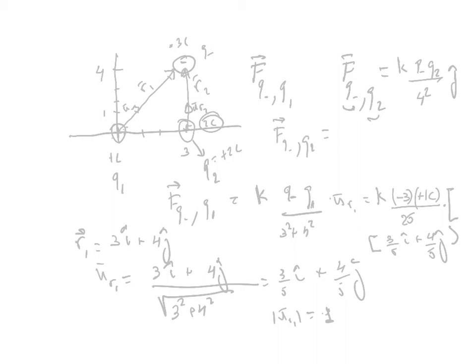This is positive with negative, which is attractive. So the force from Q1, if you represent it, must be in this direction. This is F on Q minus due to Q1. So we have the Q minus, the minus 3 coulombs.